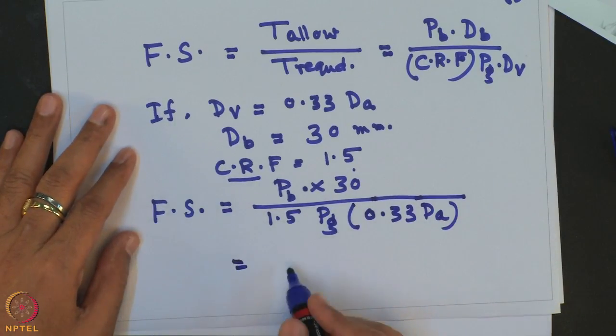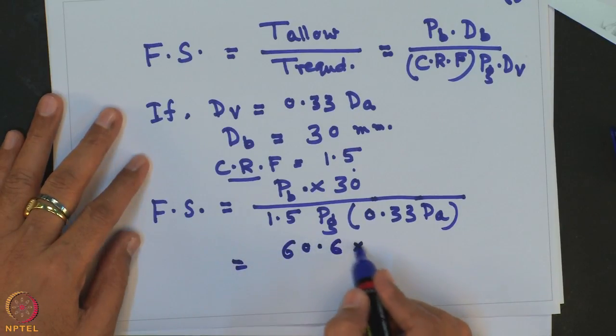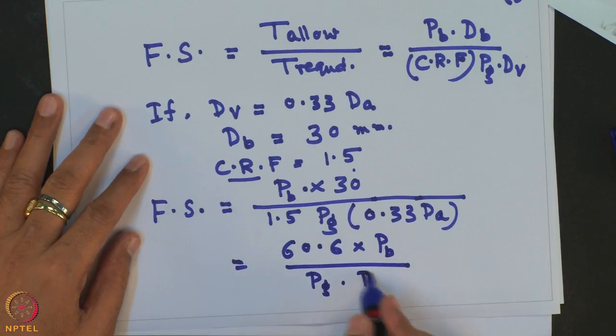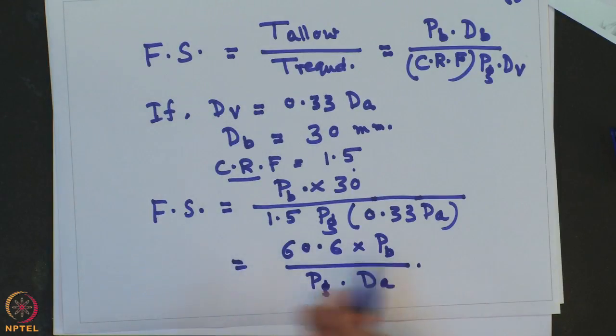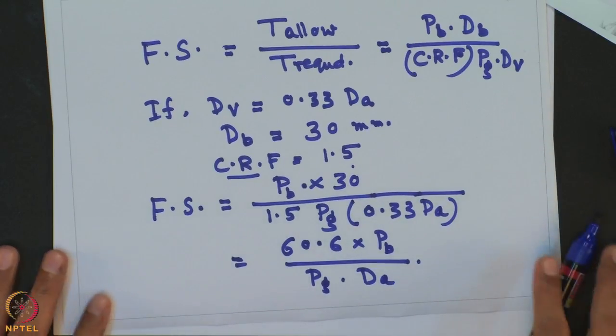If you calculate this, you have 60.6 into P_B divided by P_g into D_A. So, you have the factor of safety in this format, and from this you can make the design chart.